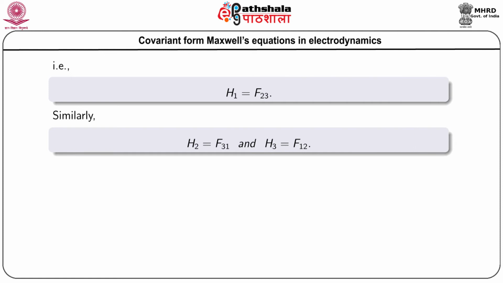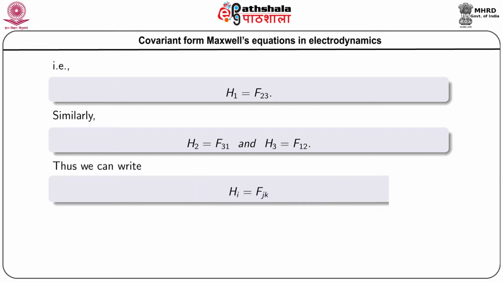So, if I express it in terms of f_ij, H_1 will be equal to f_23. Similarly, H_2 can be written as f_31 and H_3 can be written as f_12. Thus, we can write H_i equals f_jk, where i, j, k equals 1, 2, 3 and it moves cyclically.